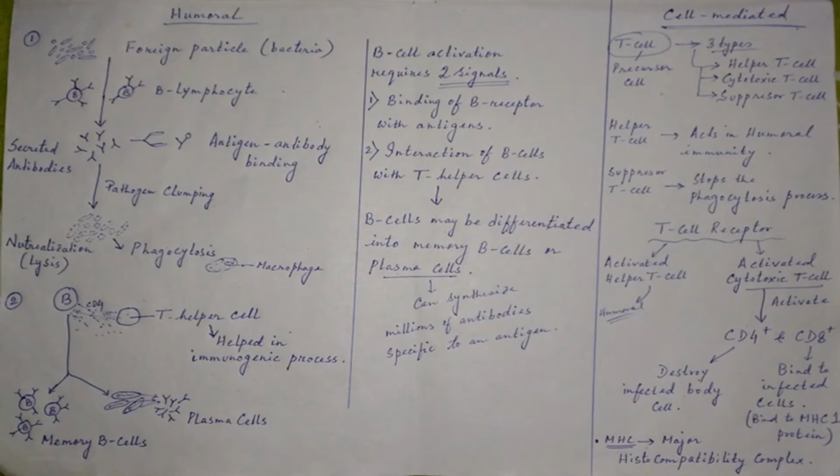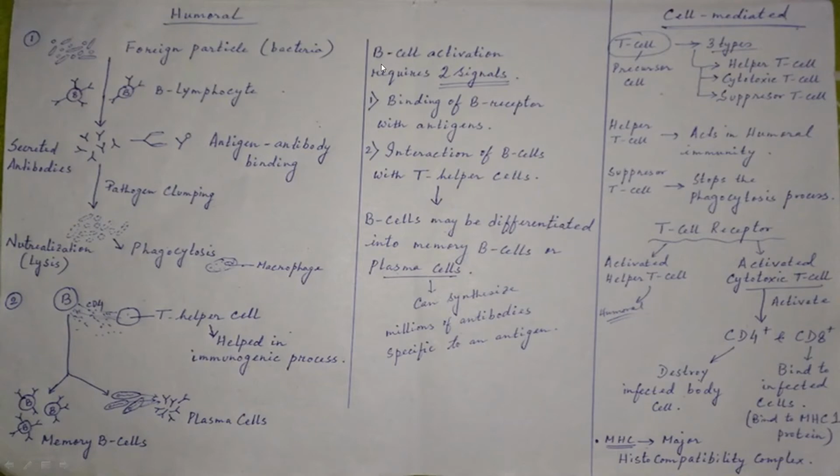So this process is called phagocytosis, and this foreign particle acts as a macrophage to that larger particle in which it enters. And this macrophage enters and this cell engulfs that macrophage. This process is called phagocytosis. Okay, now in the second step what happens?